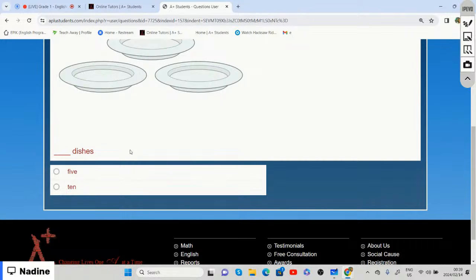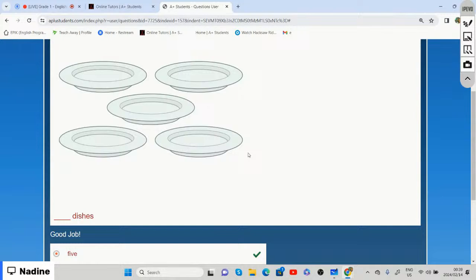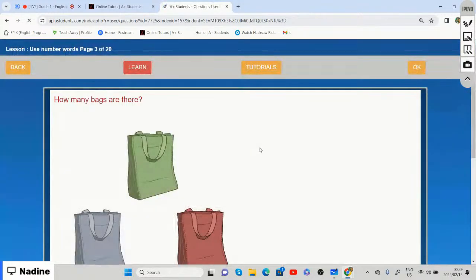And how many dishes are there? We can say there are five dishes because we counted that there are five dishes and five is correct.